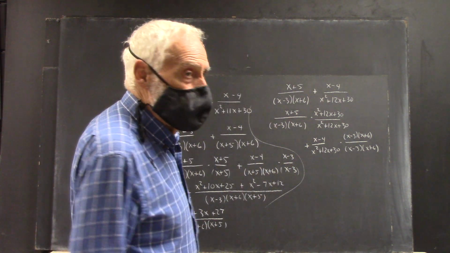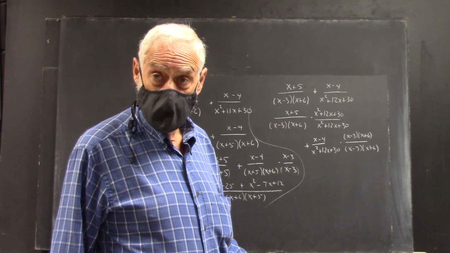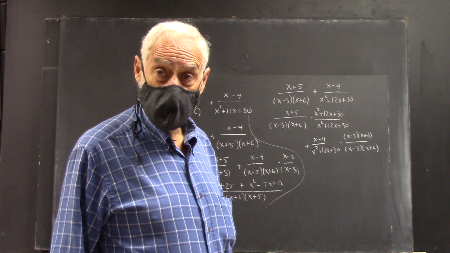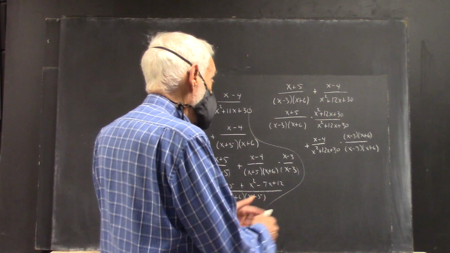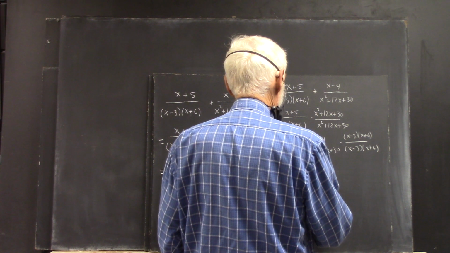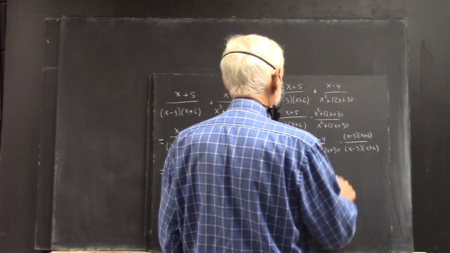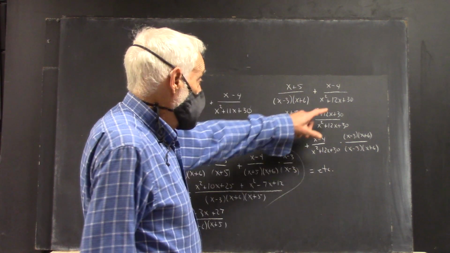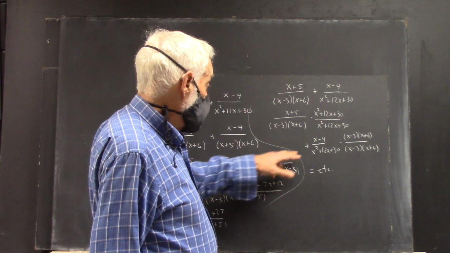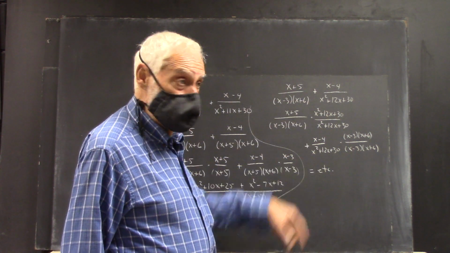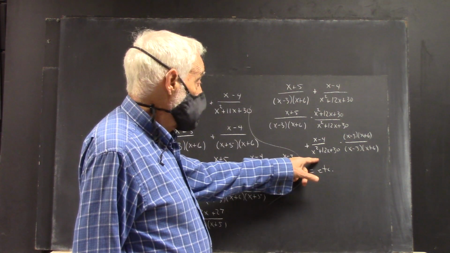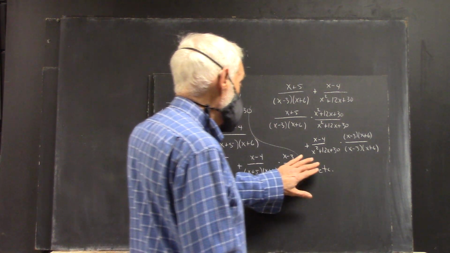Well, it gets to be a little messy when you try to expand it, so I'm not going to go through the details. We use the distributive property. I don't have room on the board. I just want to point out that just because you can't factor this doesn't mean you can't find a common denominator. And of course, this will be part of the common denominator.